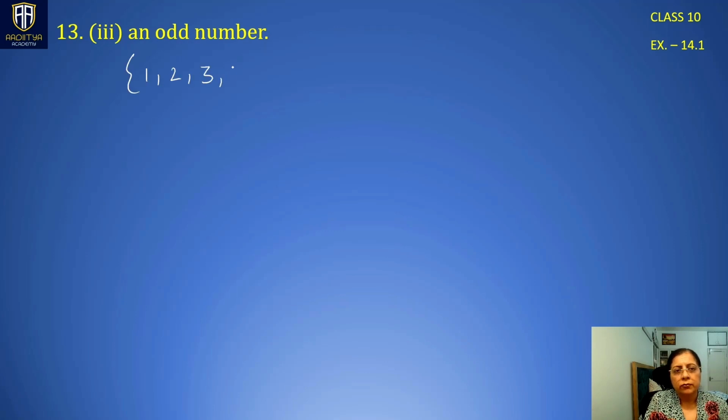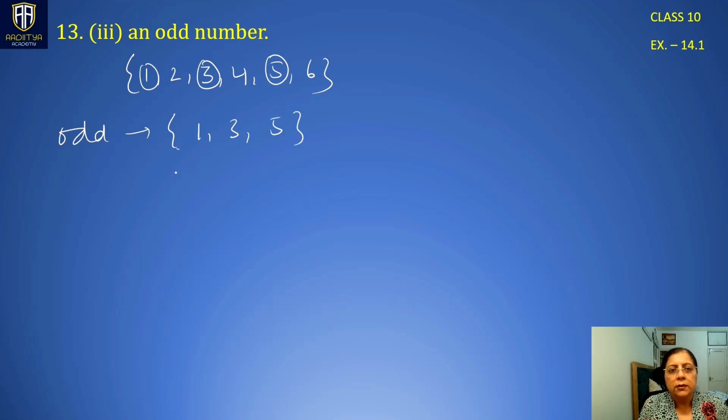Next is an odd number. The sample space of a dice is this. So how many odd numbers are there? 1, 3 and 5 are odd. The set 1, 3, 5 is the set of odd numbers from this sample space.